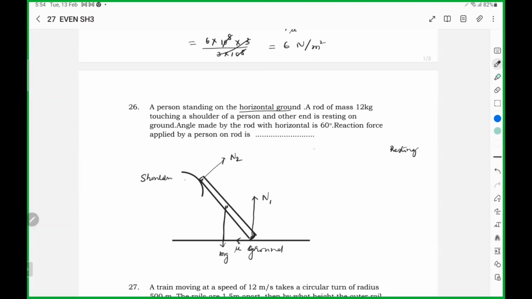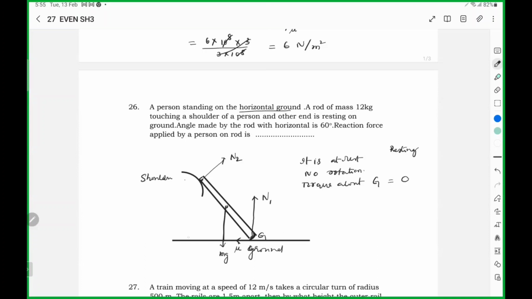Now it is at rest, which means no rotation. No rotation means the torque about G is 0.